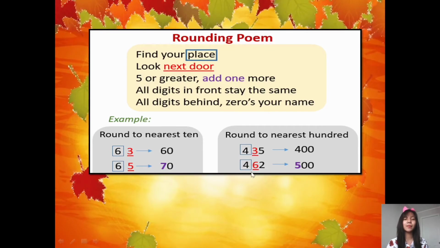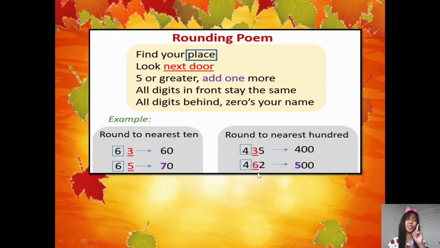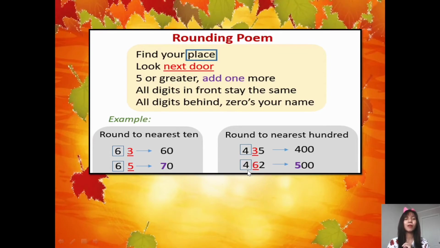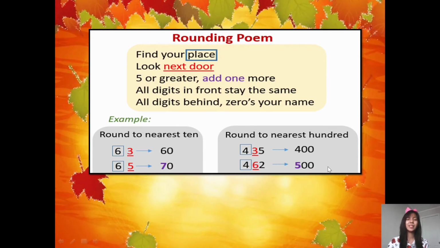Alright? So the same number here, 462. Since the number next to 4 is 6, which means it's more than 5, so you need to add 1. So from 4, it will become 5, and then all the digits behind, you have to make 0, alright?